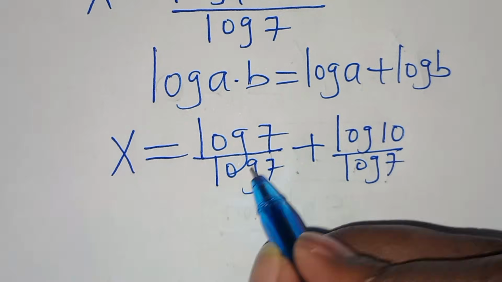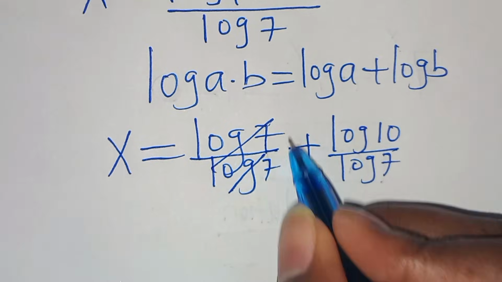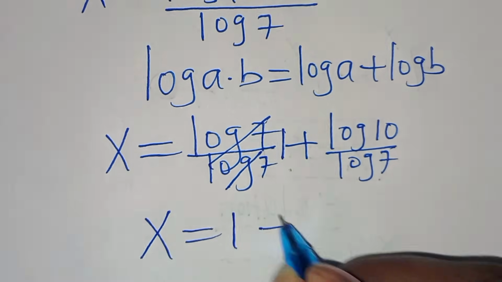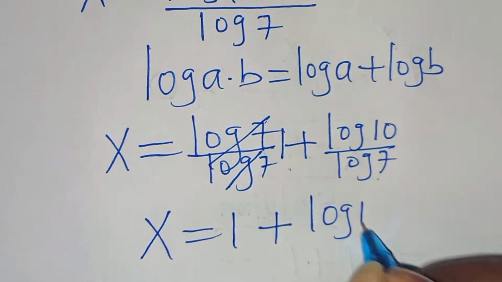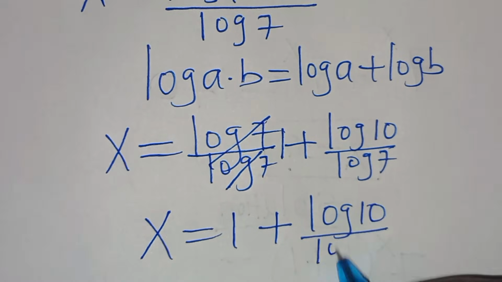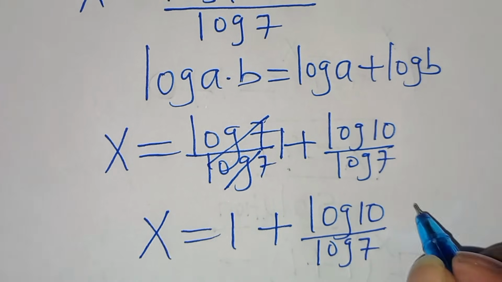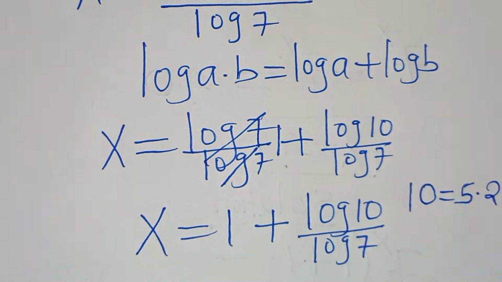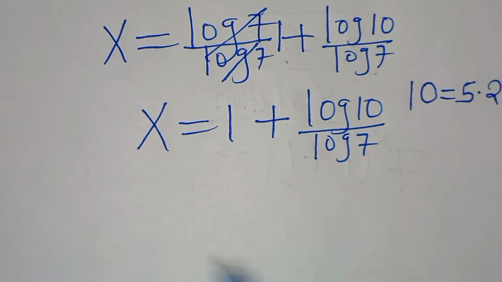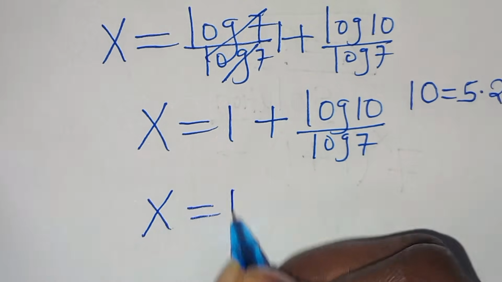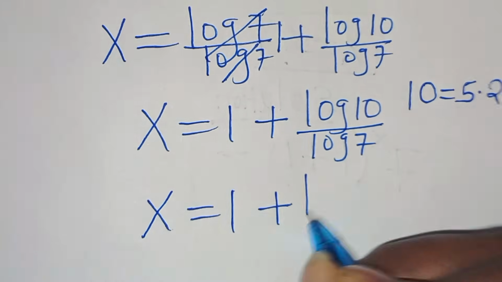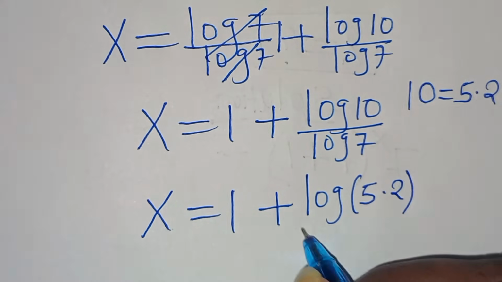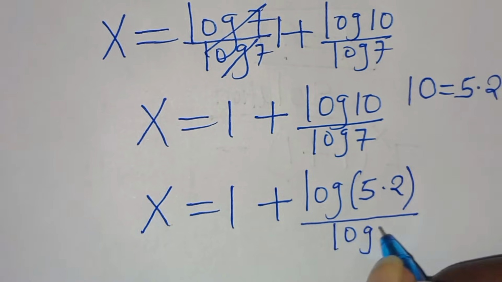Now we can simplify here log 7 and log 7, so that now here we have 1, so that x is equal to 1 plus log 10 divided by log 7. We can express 10 basically as 5 multiplied by 2. So that now here we have x is equal to 1 plus, this is log 5 multiplied by 2, then divided by log 7.